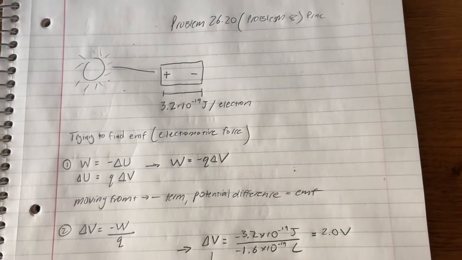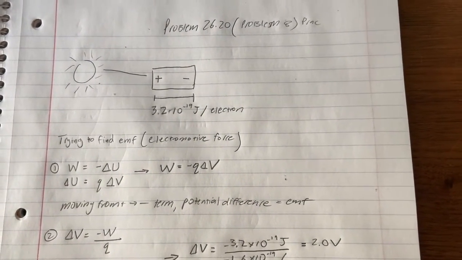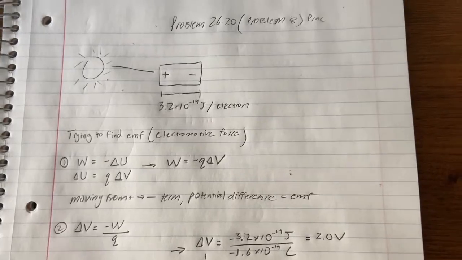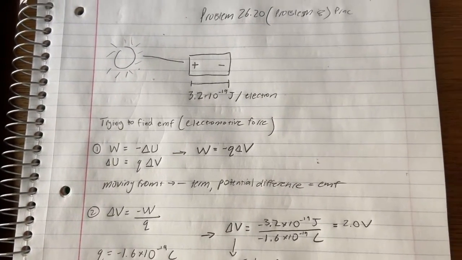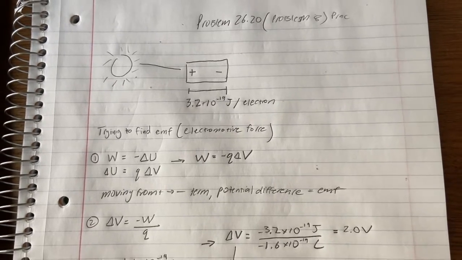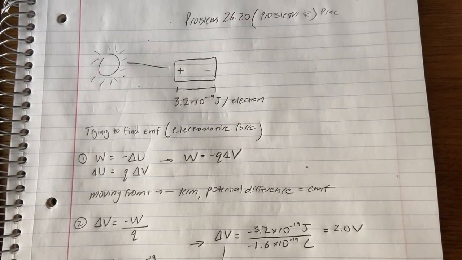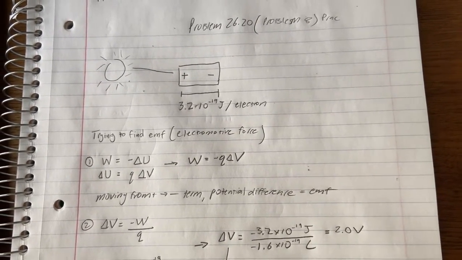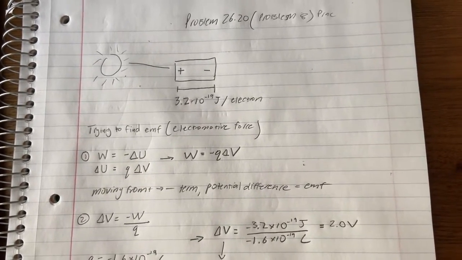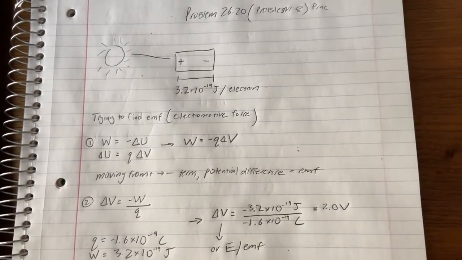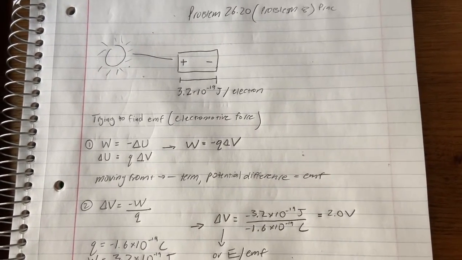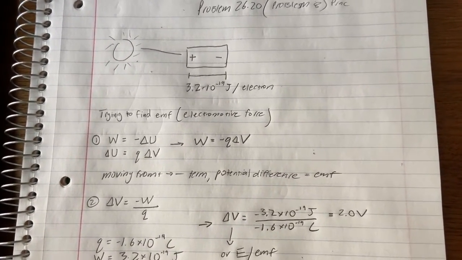So now we get that the work is equal to the negative charge times delta V. And one thing to note is that since the electron is moving from the positive to the negative terminal, this potential difference between the two terminals is equal to the EMF of the solar cell. So that's why that potential difference, delta V, is ultimately what we are solving for.